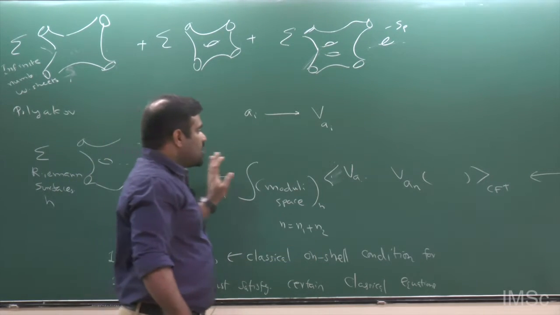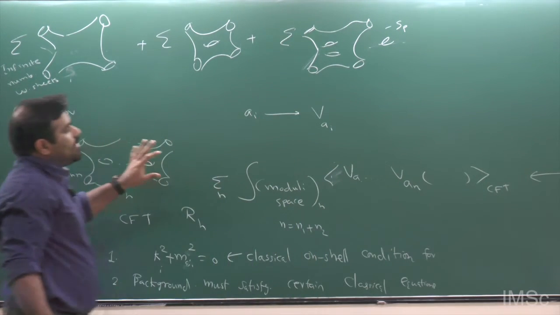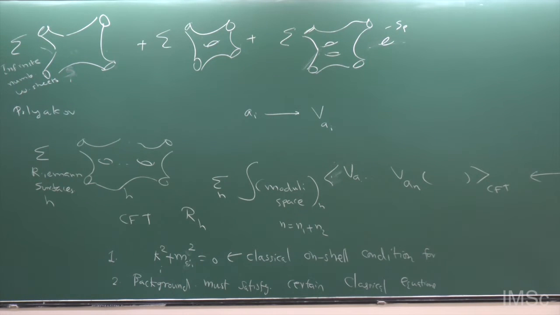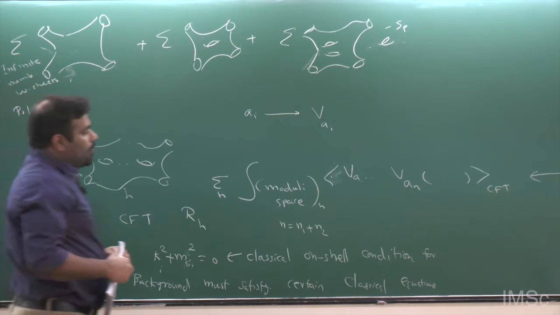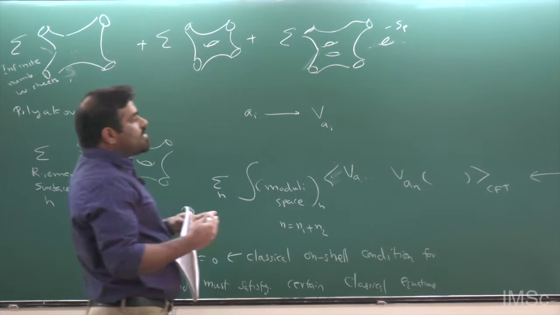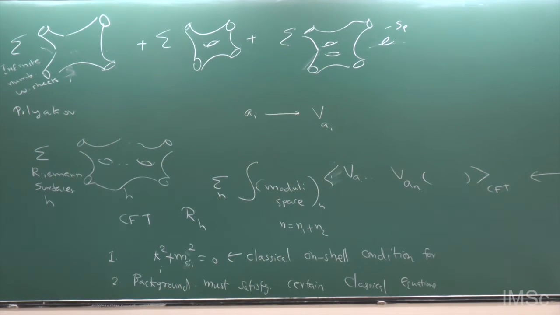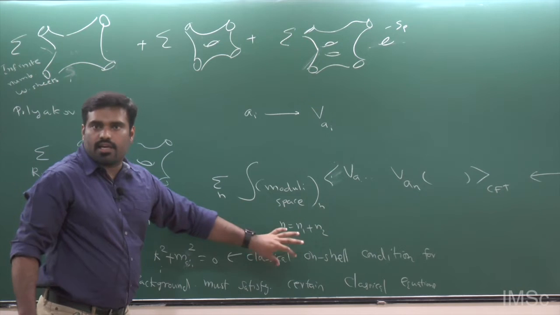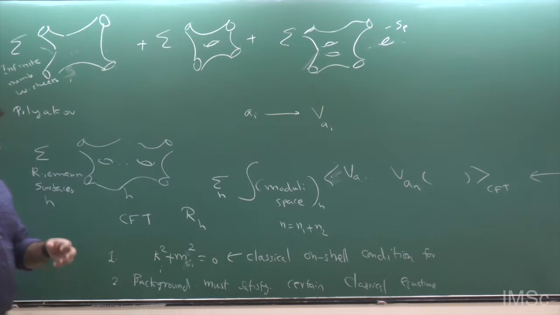Only then can this object be thought of as something that doesn't depend on any unphysical data. So the usual Polyakov prescription, or the conventional formulation of string theory, requires that all external states that participate in the scattering process satisfy a particular condition, and the background through which the string is propagating should satisfy a set of classical equations.